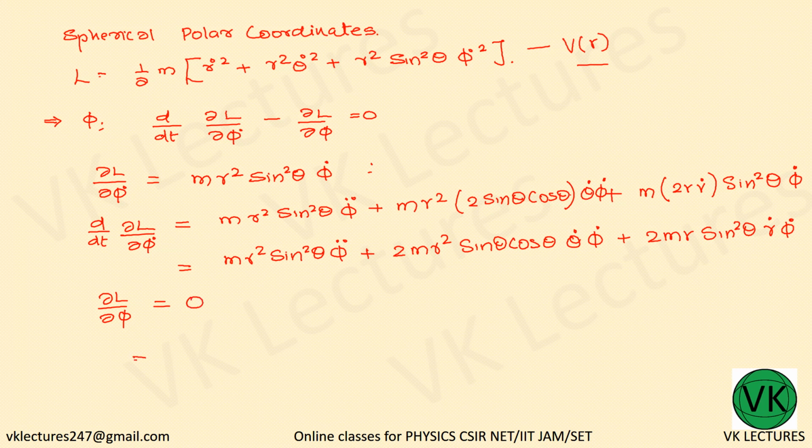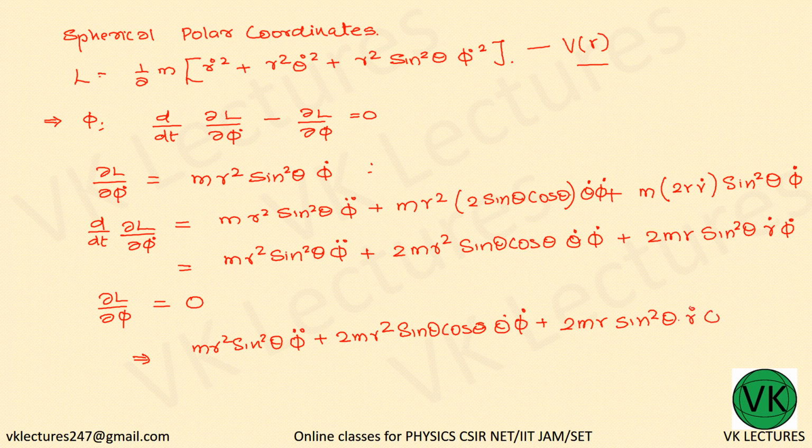So the equation of motion is only these terms: m r square sine square theta phi double dot plus 2m r square sine theta cos theta theta dot phi dot plus 2m r sine square theta r dot phi dot equal to 0. So this is the equation of motion corresponding to phi.